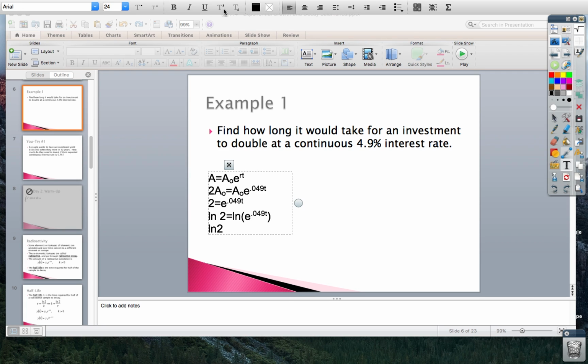So we'll be left with ln 2 equals 0.049t, and if we divide by 0.049 on both sides, we end up with 14.146. So if we wanted our amount to double, it would take 14.146 years.